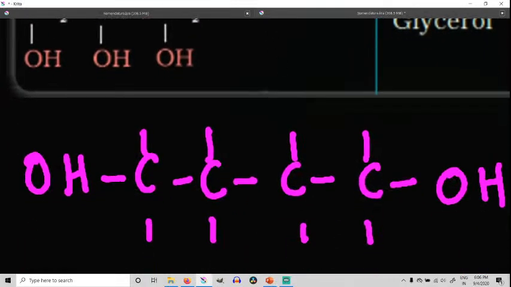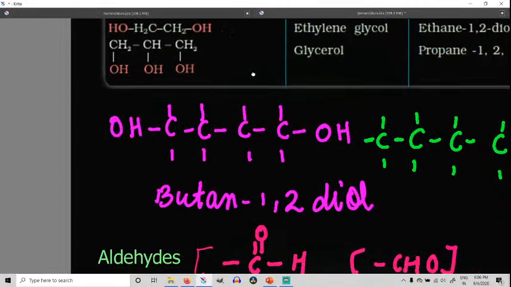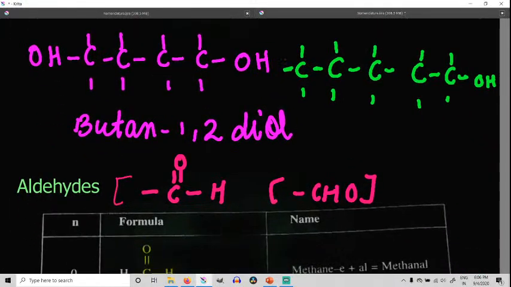Now, what will be the IUPAC name of this compound? You have understood the rule. Suppose I say this, how many carbon atoms can you see in this chain? 1, 2, 3, 4.